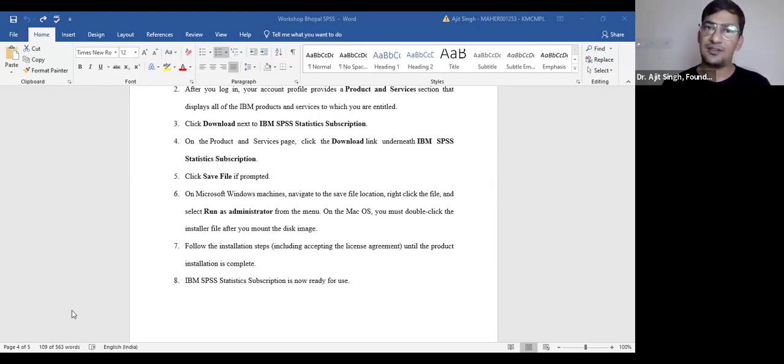Try another email ID, it's okay. The email ID is just needed for verification. Create another email ID, it will take just 2-3 minutes in Gmail.